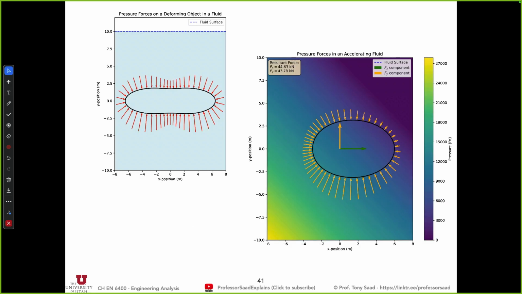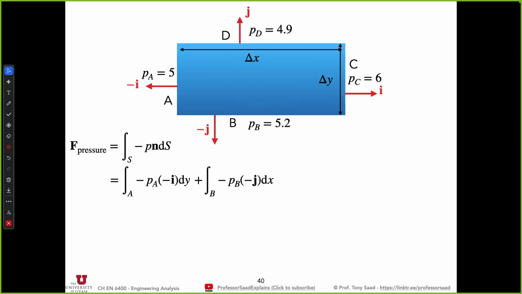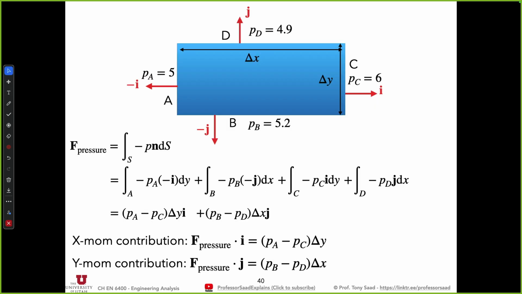Okay, and that was apparent in this example. If you notice, the x component of the pressure was the difference in pressures across delta x and the difference in pressures across delta y, right? So it's that difference that matters, because pressure is acting on all sides. So the net component is the difference between the sides, okay?